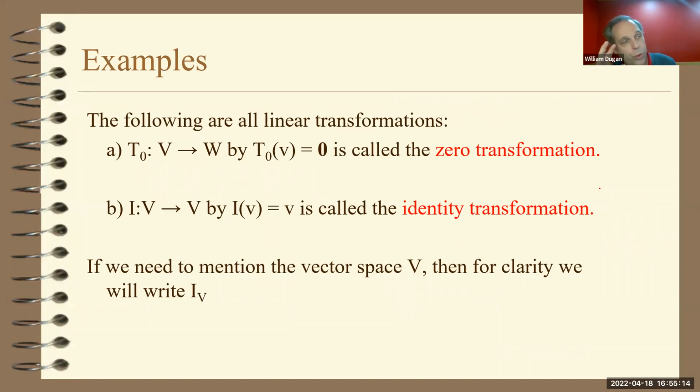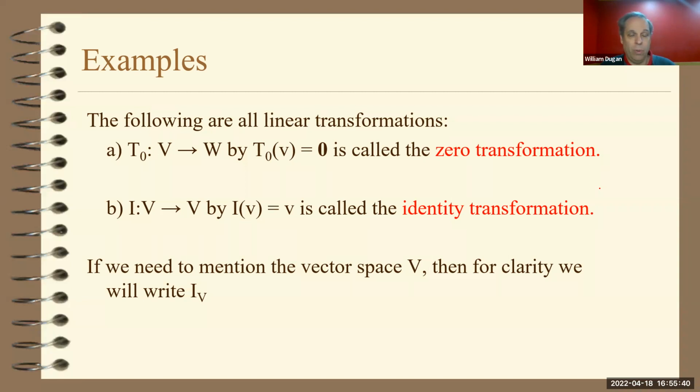So there are two transformations that we give special names to. One is called the zero transformation. It's the transformation that sends every vector in V just to the zero vector in W. It's incredibly easy to show that's linear. I'm just choosing not to do so. And there's another one called the identity transform that's defined on a single vector space. So it's a transformation that goes from the vector space back into it.